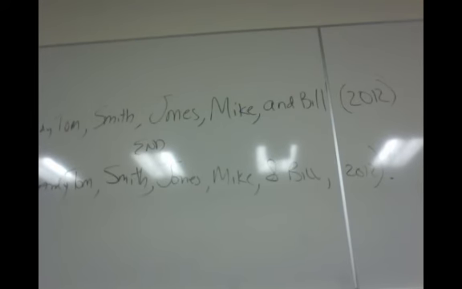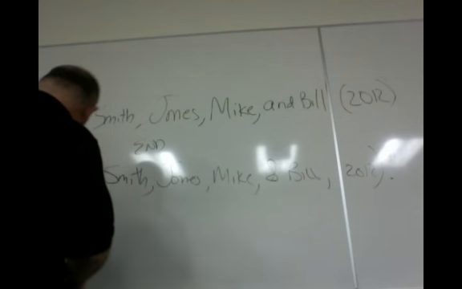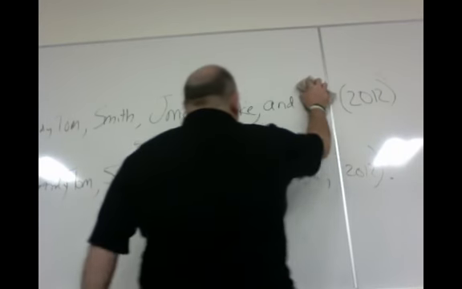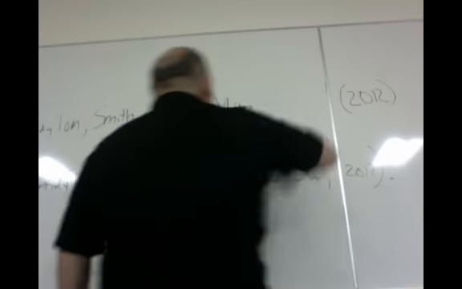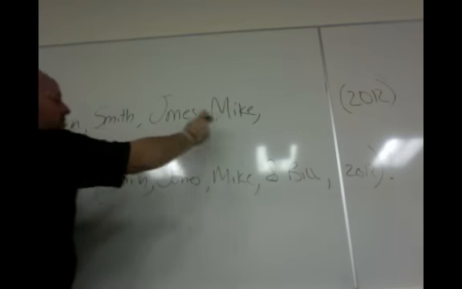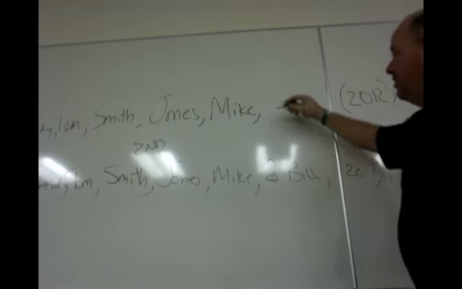Now what happens when you get to number seven and beyond? Now you're going to change it to an et al. So what'll happen is we get rid of basically Bill, and we're going to put Bill over here. One, two, three, four, five, six, and then everything else.